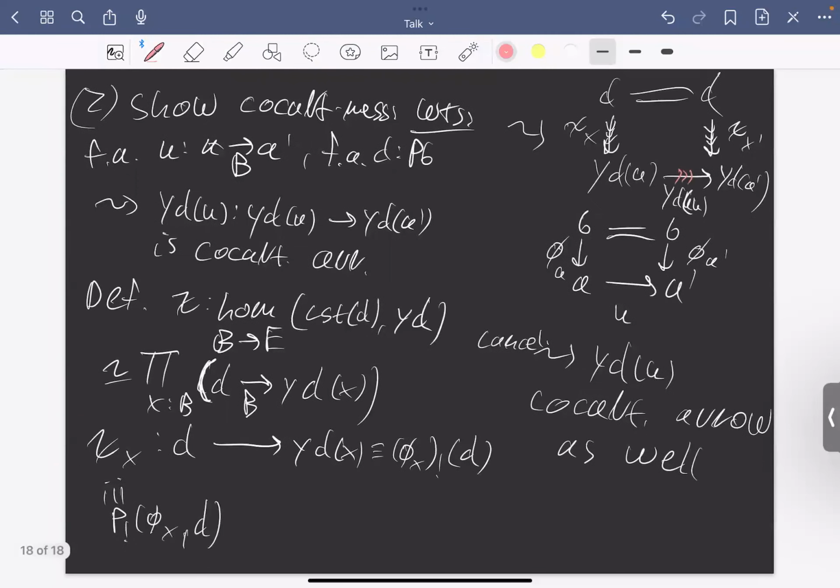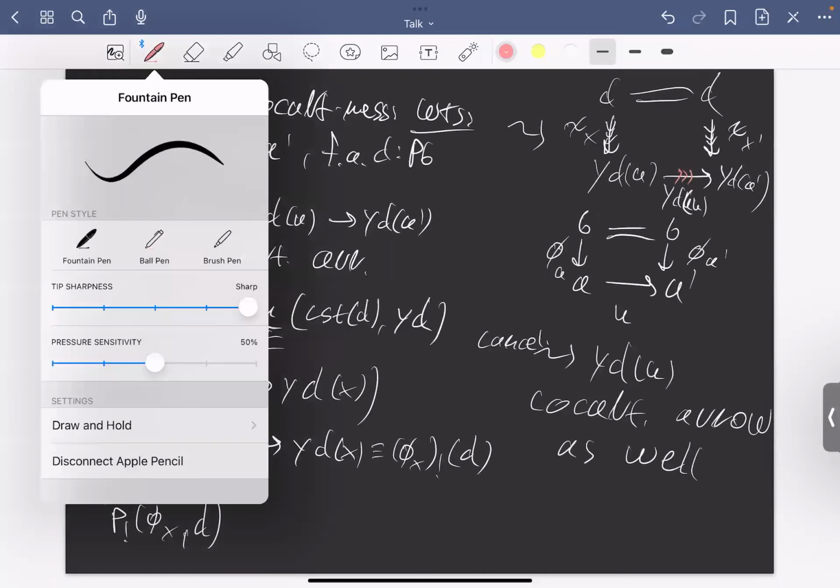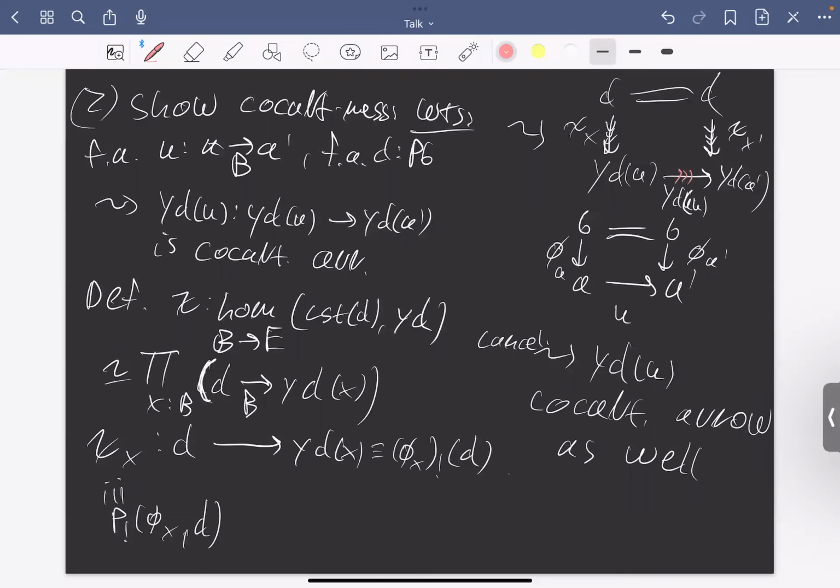So finally, we also have to show quasi-inverseness, or like inverseness of this Y arrow to evaluation.